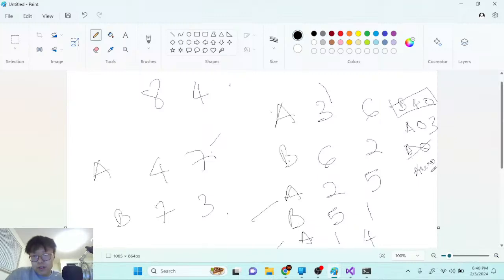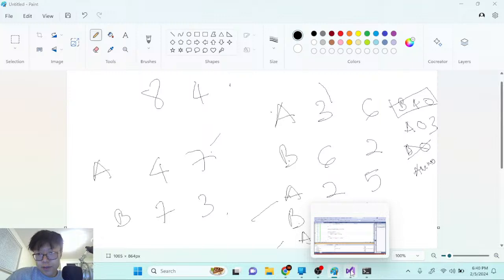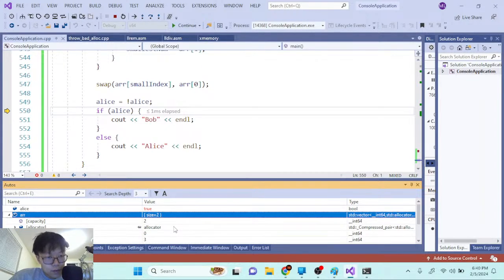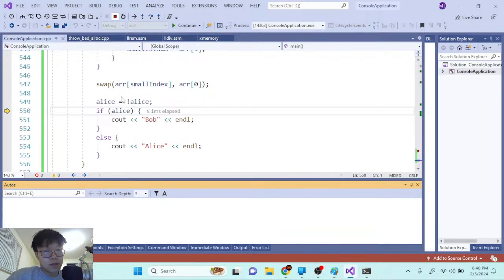End of Alice's turn should be 0-3. So something went wrong, haywire here.